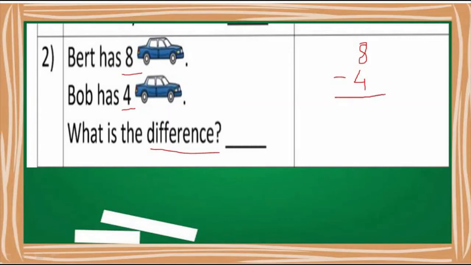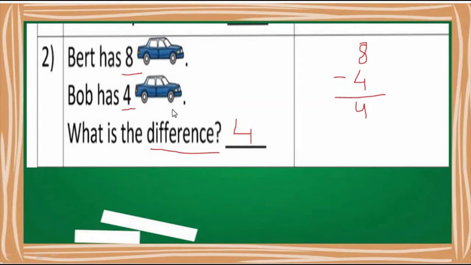So by subtracting this sum, 8 minus 4, how many numbers remain there? By subtracting number 4 from number 8, we get number 4. So we can say that the difference between Bert's cars and Bob's cars is 4. Understand?